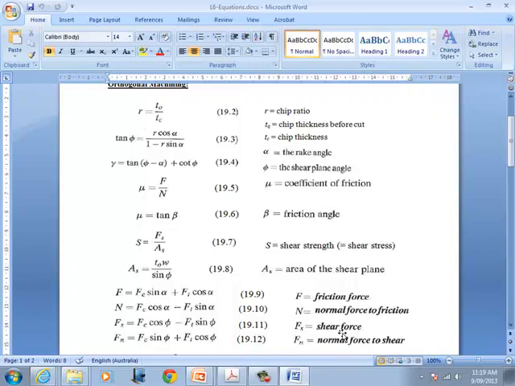We need Fs, we need As in order to compute S. What is given to us is Fc and Ft.